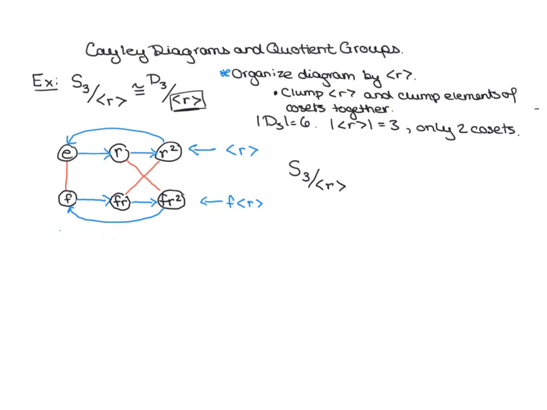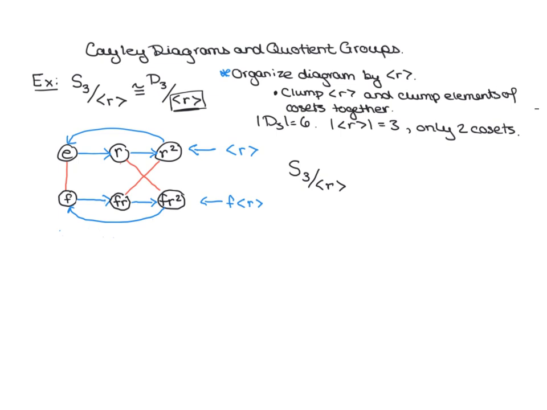And further, every single coset has arrows that lead from the coset to the other. That is, the red arrows lead from the first coset to the second coset. There are no red arrows that go within cosets in this case.